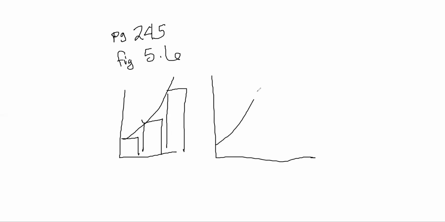We have this curve, and it's very loosely approximated by these bars under the curve, and then it's much better approximated when the bars are smaller. So we're being more careful, and we're better getting the actual area under the curve. That, I think, is the big takeaway from 5.1, and we can do some problems to show that.